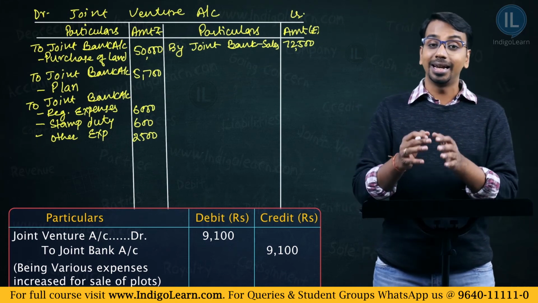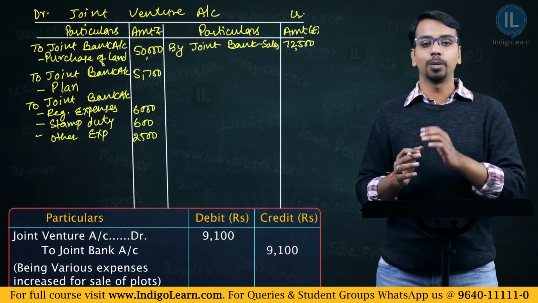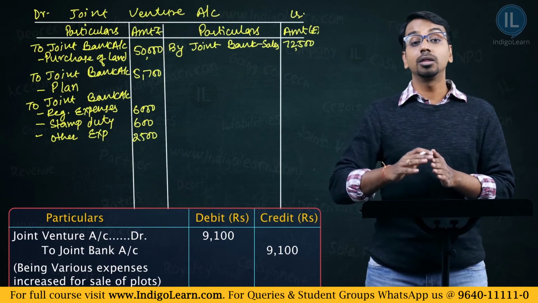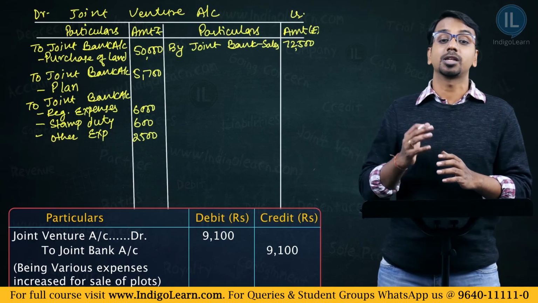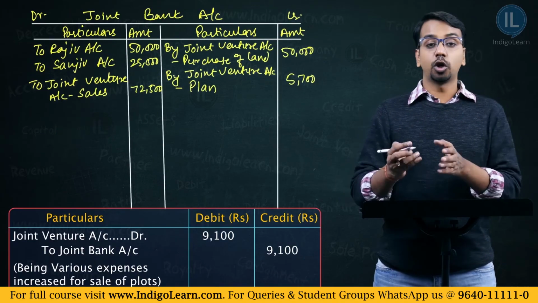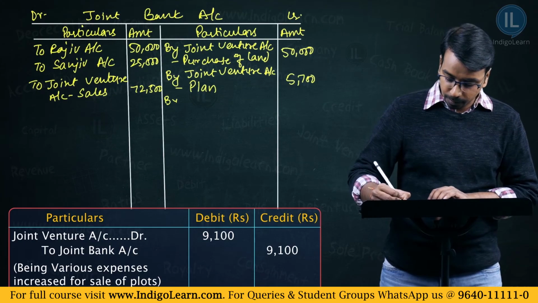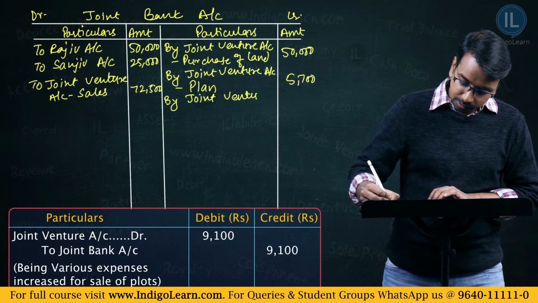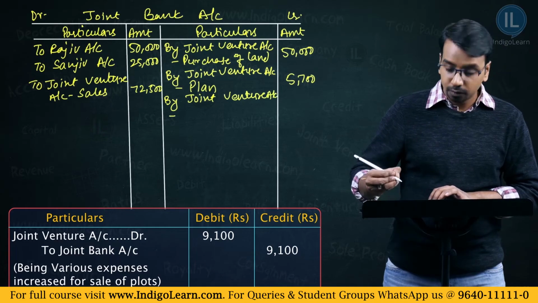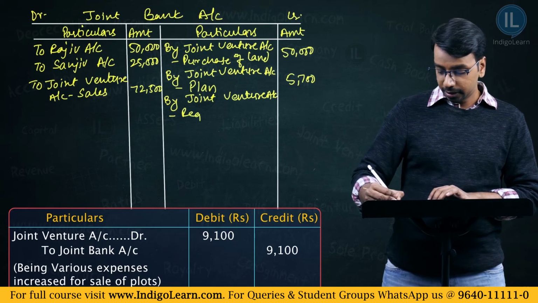This particular entry relating to the expenses will also be posted in the joint bank account on the credit side, because this represents an outflow of money. So in the joint bank account you can say by joint venture account. Firstly, you incurred expenses on registration.